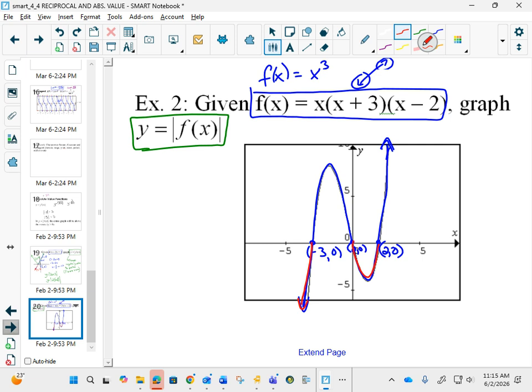That's where your y values would have been negative. The absolute value makes your y values positive, which flips that over the x-axis. So this red part gets flipped up. This red part gets flipped up. The other sections would stay exactly the same. And so the absolute value of that cubic graph looks like something bouncing on the ground.